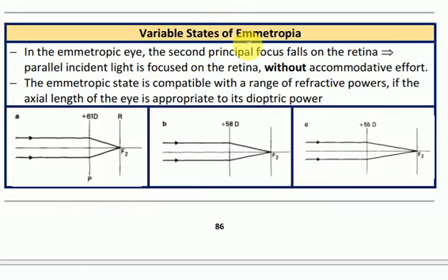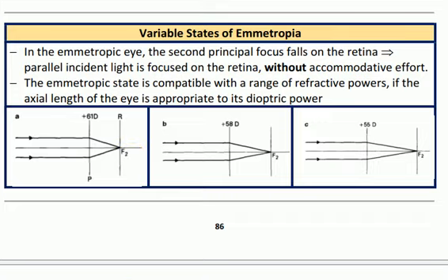Variable states of emmetropia. In the emmetropic eye, the second principal focus falls on the retina. Parallel incident light is therefore focused on the retina without accommodative effort. The emmetropic state is compatible with a range of refractive powers if the axial length of the eye is appropriate to the dioptric power.